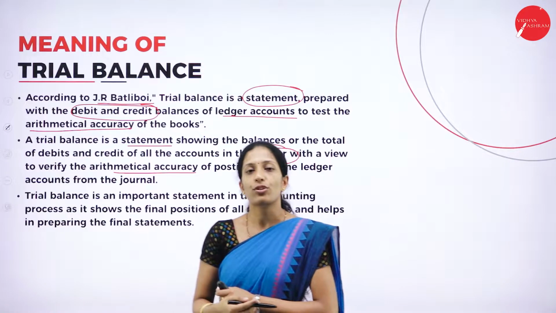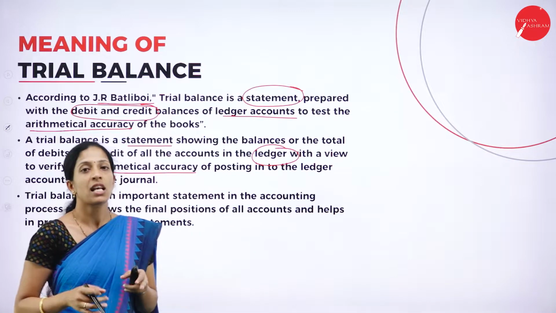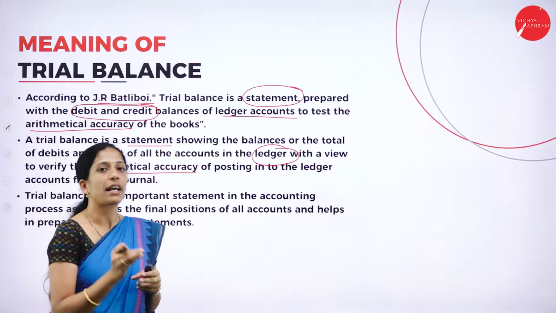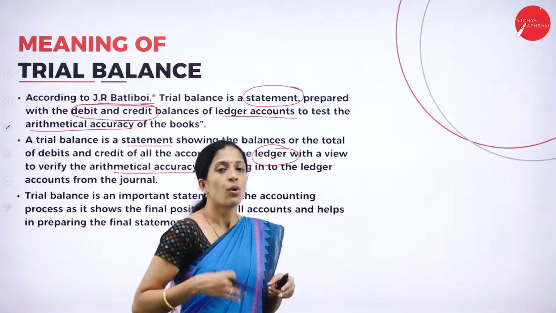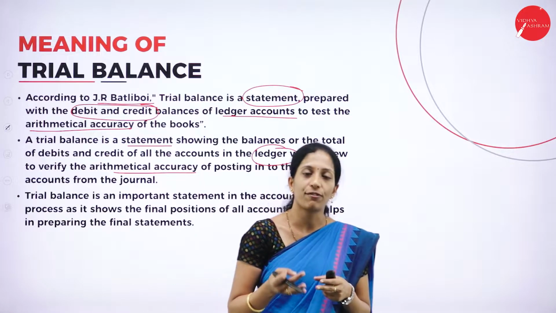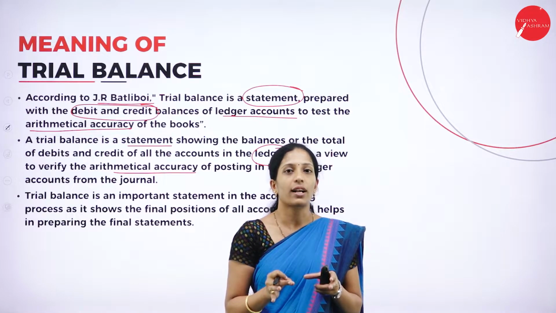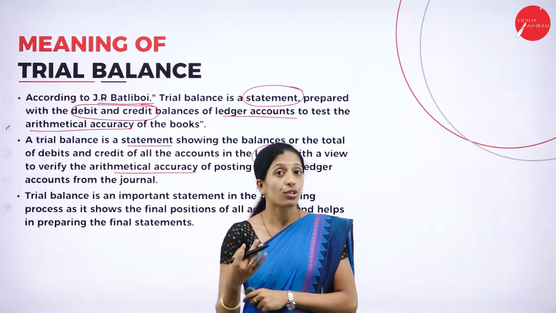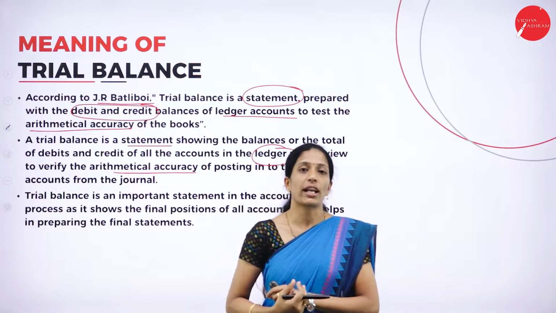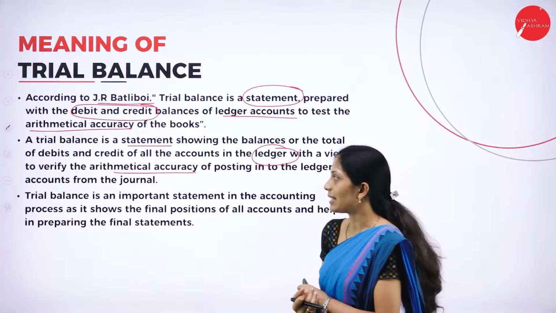As I have already told you, the main intention of preparing this trial balance is to check the arithmetical accuracy, to check the correctness of ledger accounts we have already posted from the journal. Once the transaction is recorded in the journal, it is immediately posted to the ledger account. To check the accuracy of the ledger account, we prepare a statement which is called trial balance.